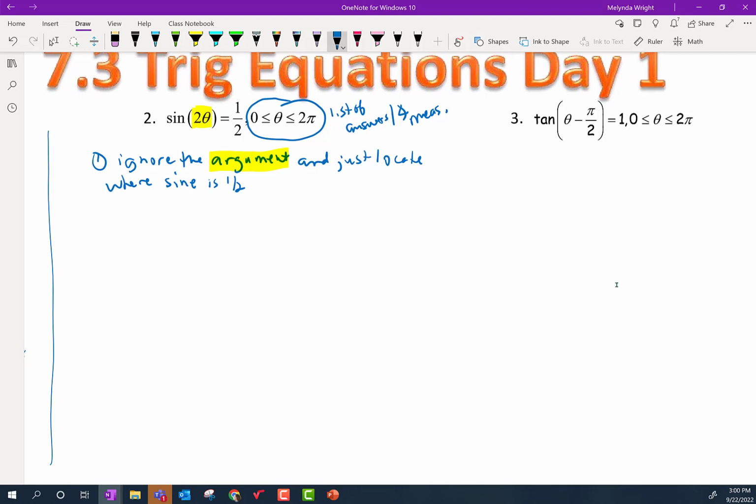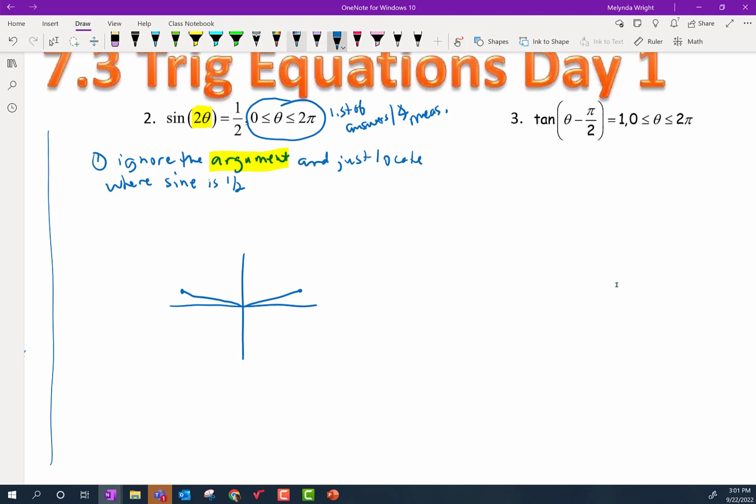So let's do this one step at a time. I've got my unit circle. I need to know where sine is 1/2. Sine maps to the y and sine is positive, so we're in the first and second quadrant. Sine 1/2 is smaller, so these angle measures need to be flatter along the x-axis because the y is smaller. And so 1/2 and root 3 over 2, we count in sixths.